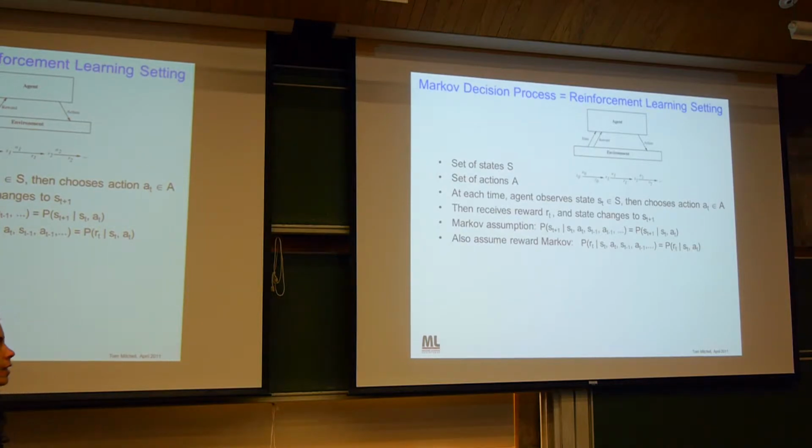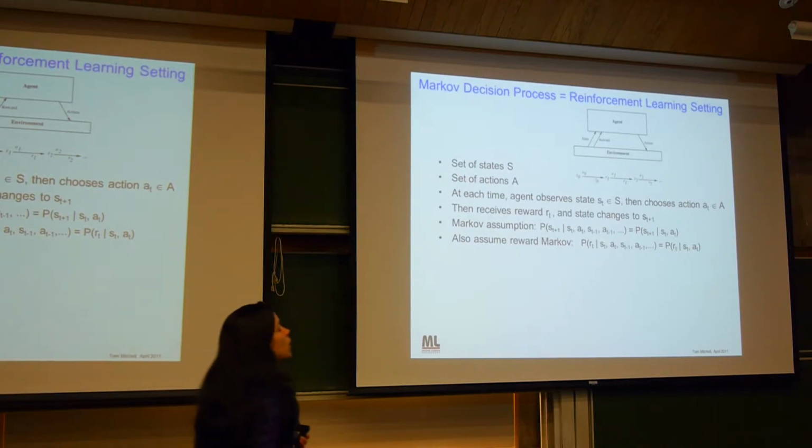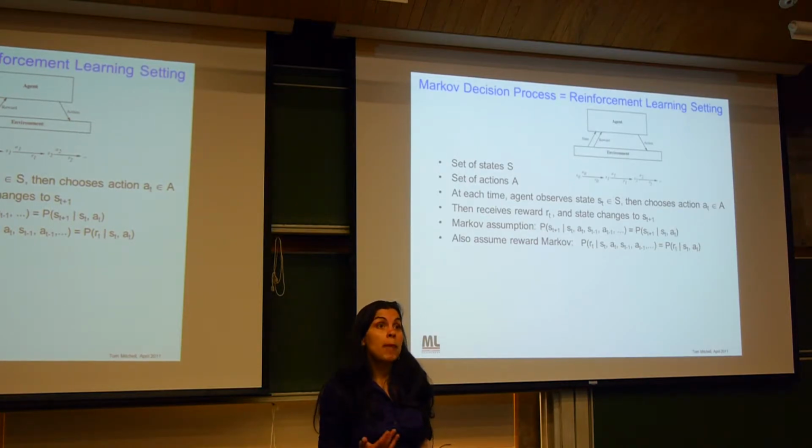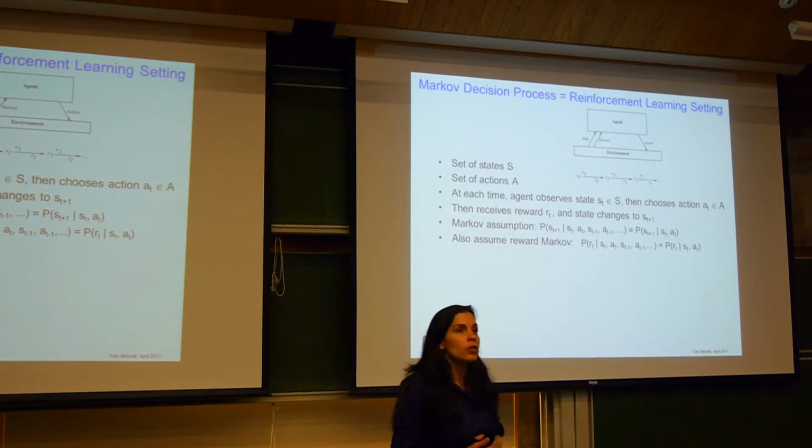And so a very realistic model to think about these problems is to operate under the Markovian assumption, which means the next state I get in might be a probabilistic function of what we've seen so far and what we've done so far, but it only depends on the most recent history.